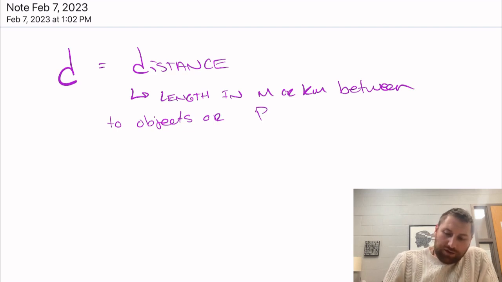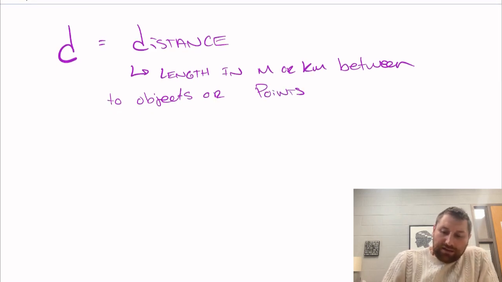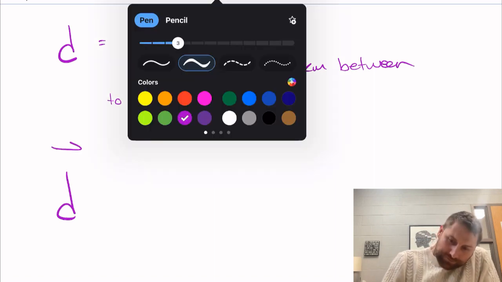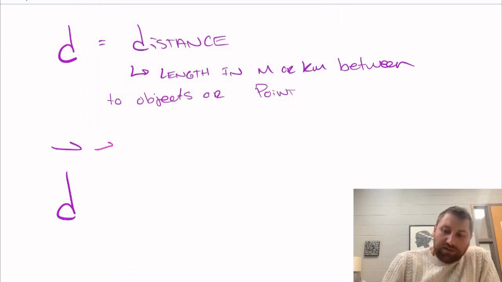There's something called your displacement, and that's represented by D with a little hat or a little arrow on top. What this means is that it is a vector. And all a vector is, is something that has a magnitude and a direction.